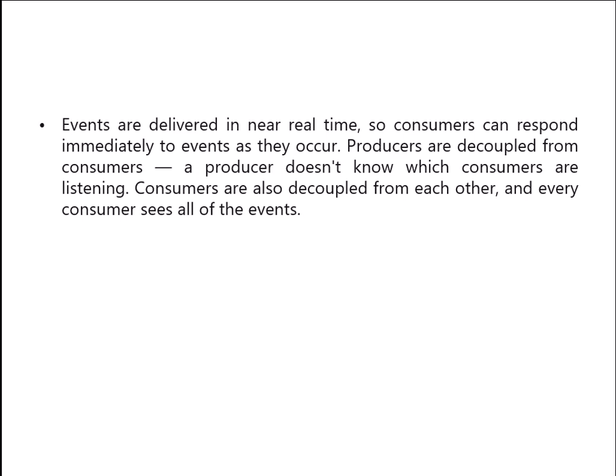This is also the beauty, because if the consumer and producer know each other, this can create a kind of bias, and likes and dislikes can occur. So the producer does not know about the consumer, and that is called decoupling. Consumers are also decoupled from each other, and every consumer sees all of the events.